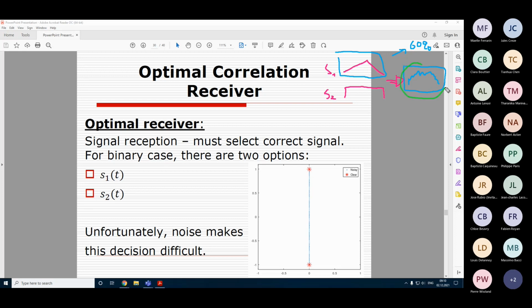Then you take the same signal again, compare it with this signal, calculate the similarity score, and let us say that this was, for example, 75% similarity. Then you see that this is more likely to be this signal, so you are trying to detect it as signal S2. So that is our conclusion, that there is a higher probability that it's signal S2 rather than signal S1.